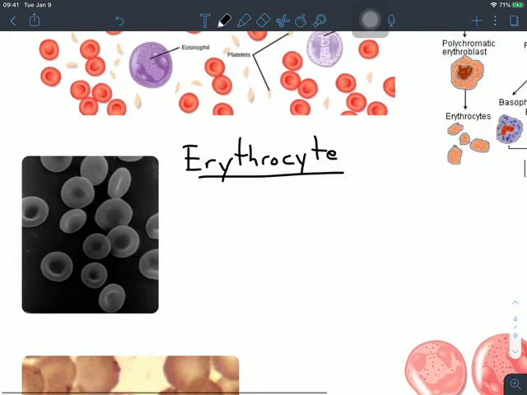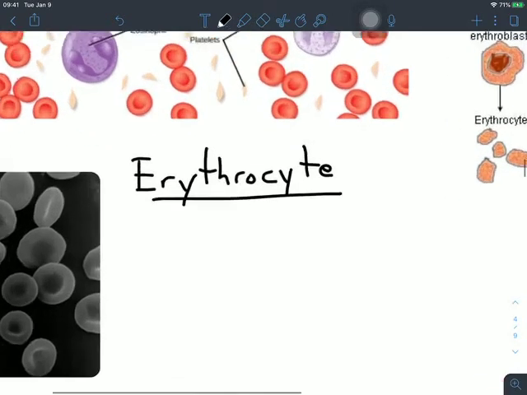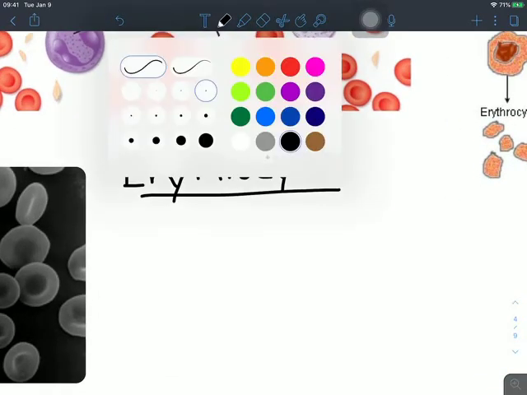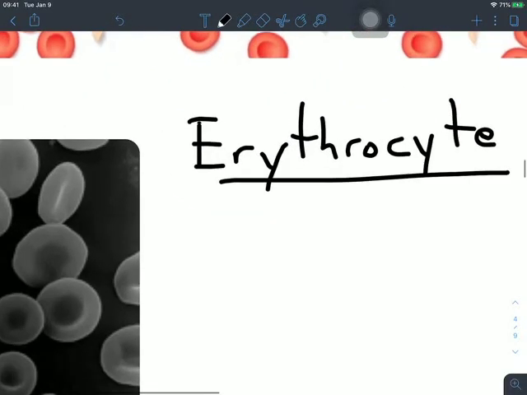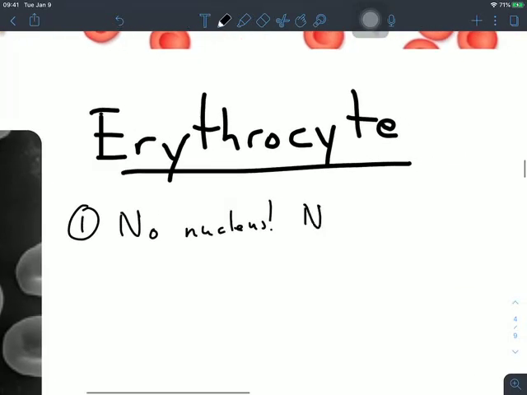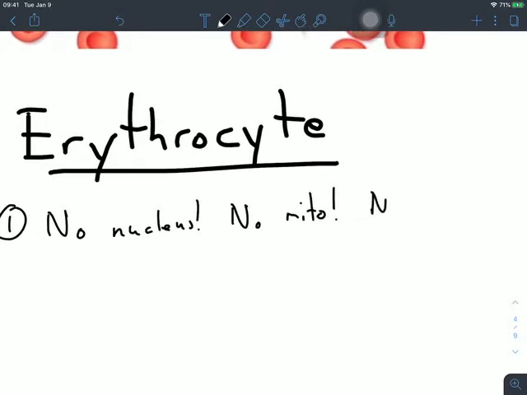Our erythrocytes, or red blood cells, are very interesting because they have no nucleus. They have no mitochondria. What? They also have no endomembrane system. No Golgi, no ER.